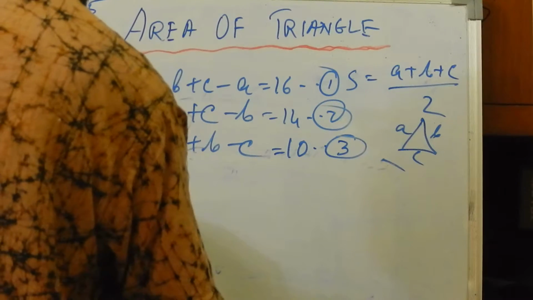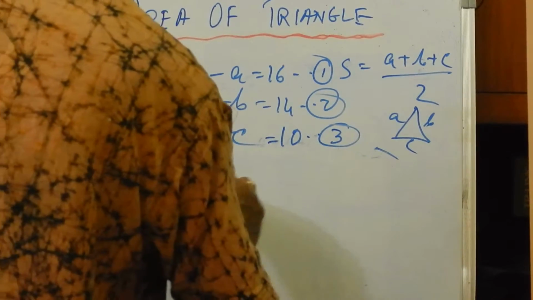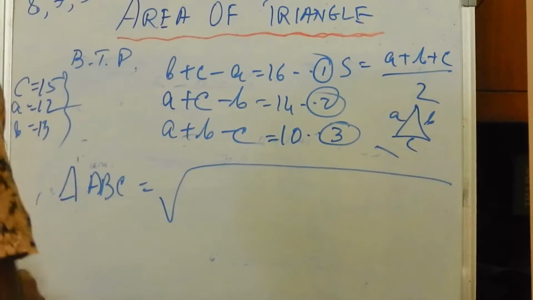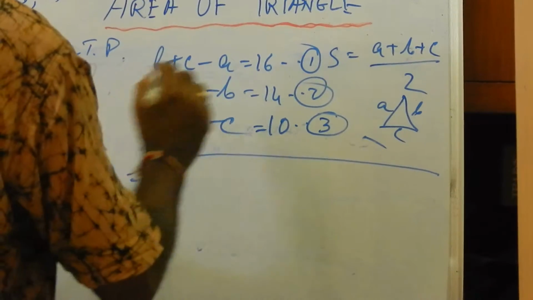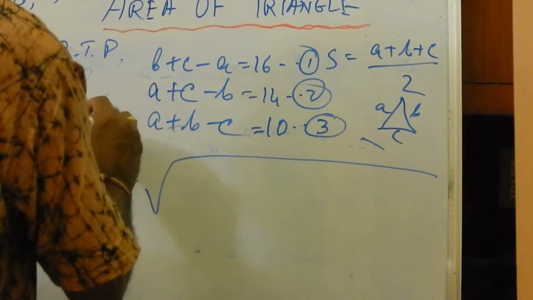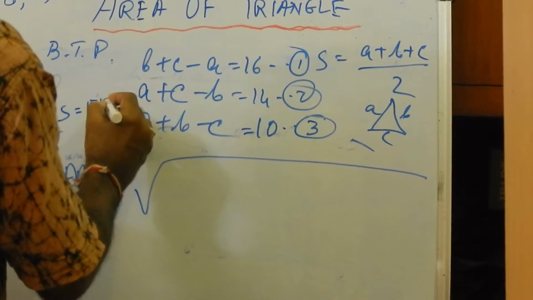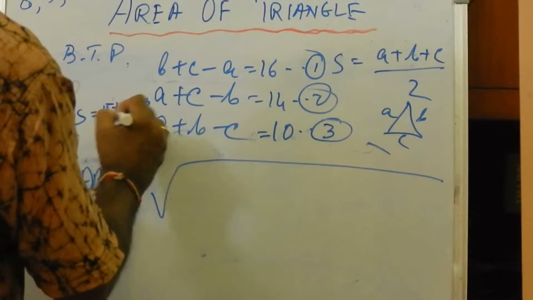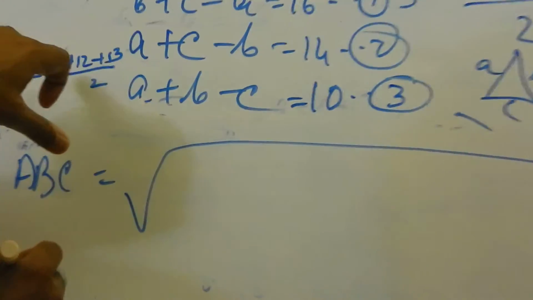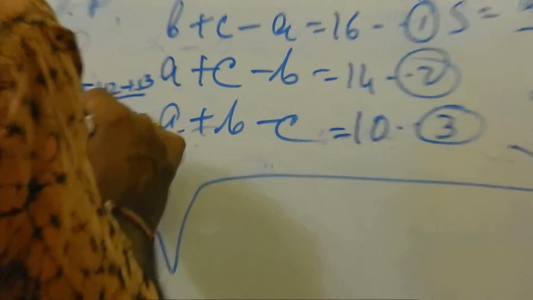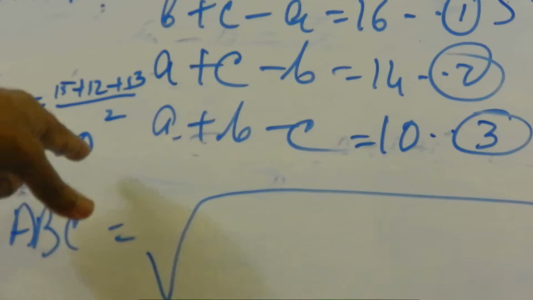Easily we can use Heron's formula. So area of ABC equals root over S, where S equals a plus b plus c by 2. So 15 plus 12 plus 13 by 2, that is 40 by 2, that is 20.